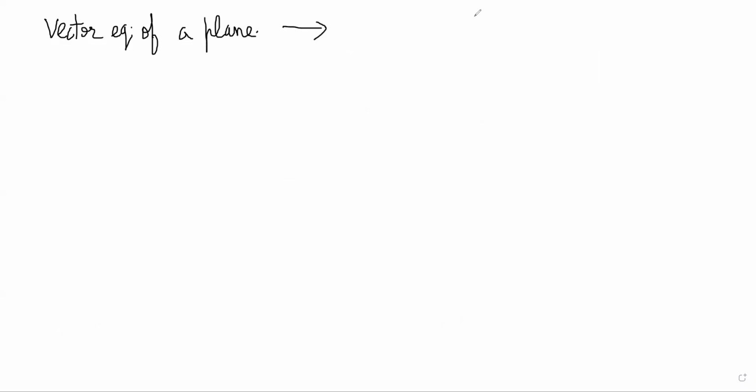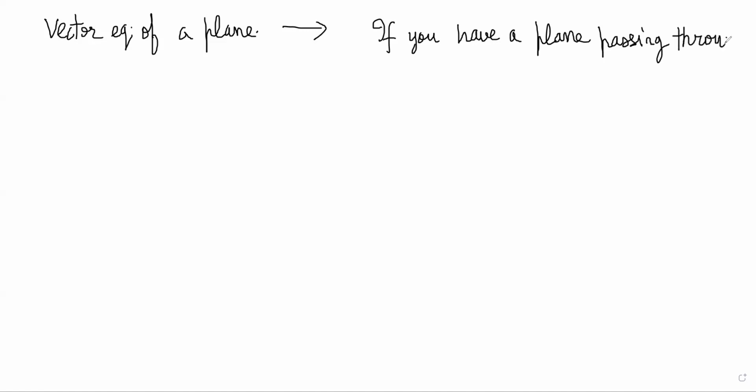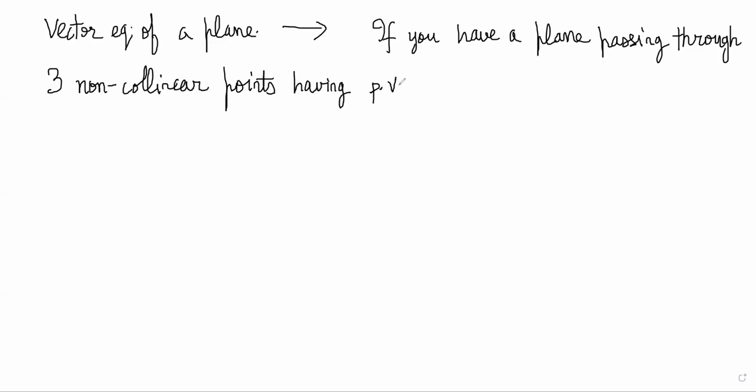So here, if you have a plane passing through 3 non-collinear points having position vectors A, B, and C, right?